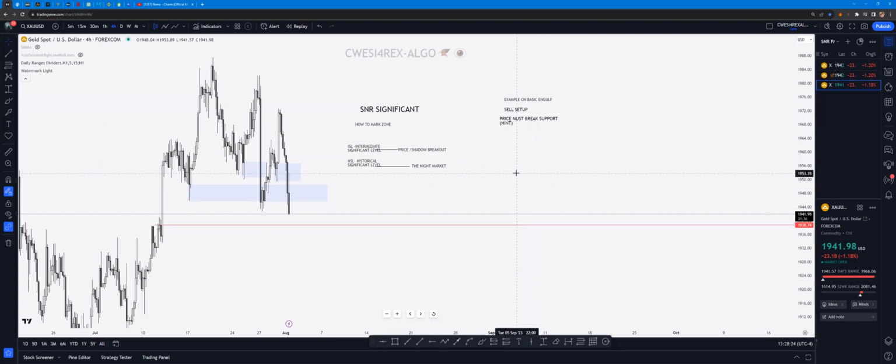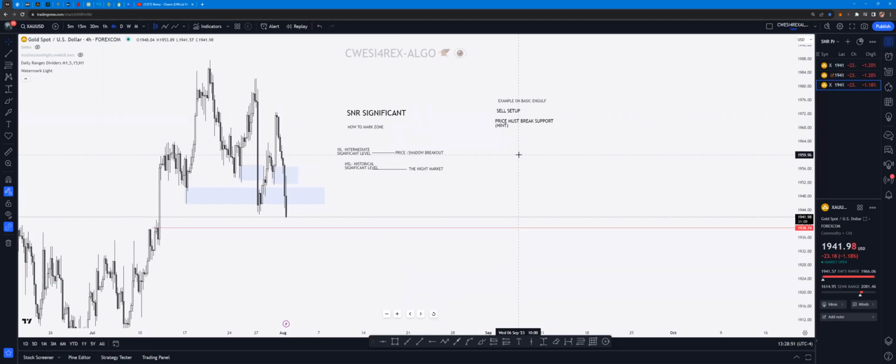When you are making the note, it should be in this format. So for the example on basic engulfing, we have the sell setup and the buy setup. Under the sell setup is what we are about to trade.